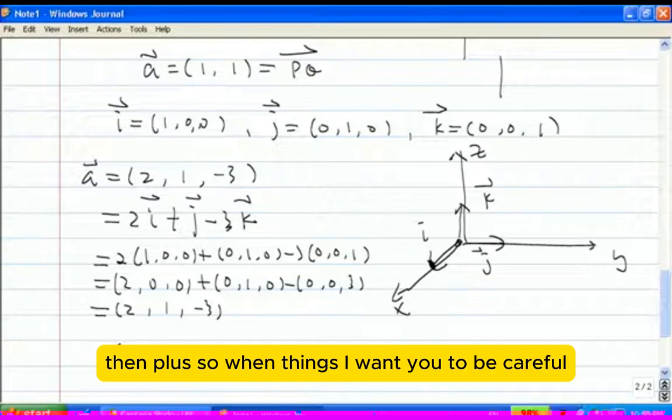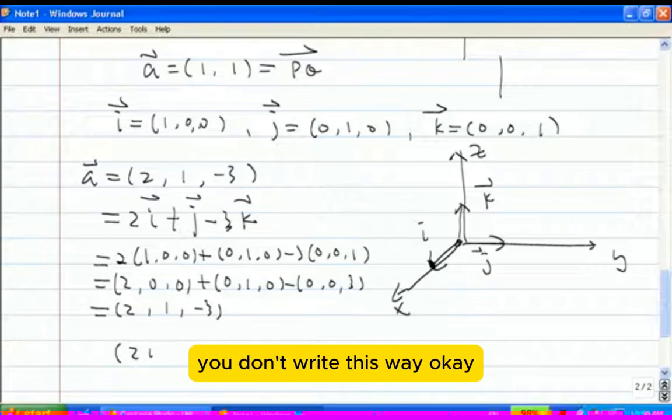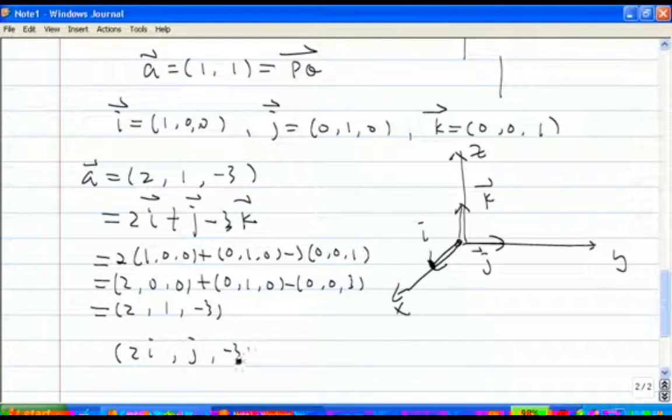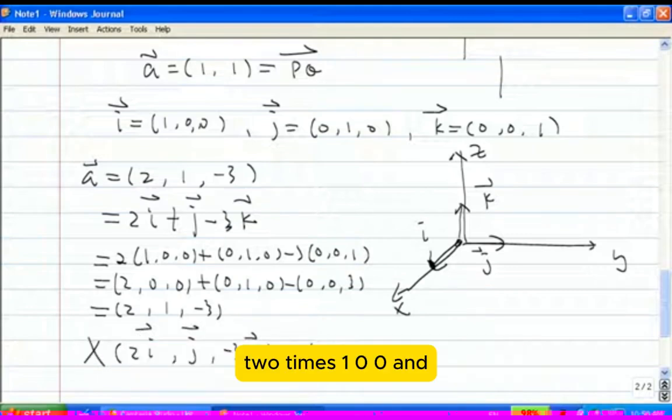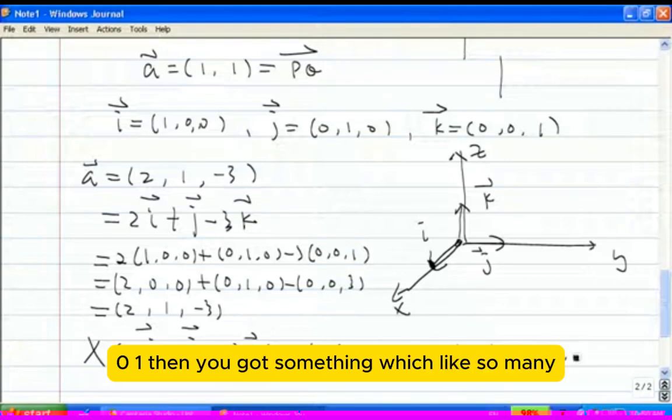One thing I want you to be careful about: you don't write it this way. That's a common mistake. This way means 2 times (1, 0, 0) and (0, 1, 0) and -3 times (0, 0, 1).